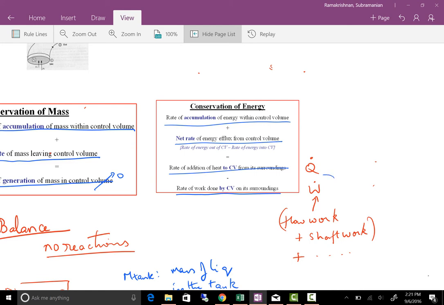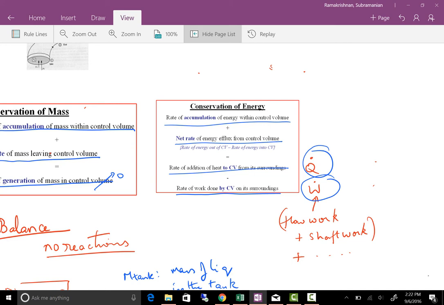And it's very important to keep in mind the sign conventions for Q dot and W dot, depending on the kind of energy balance that you write down. The reason I'm saying this is that if you go to a different course such as thermodynamics, the sign convention is going to be different. So you have to pay close attention to how you define the statement of your energy balance.